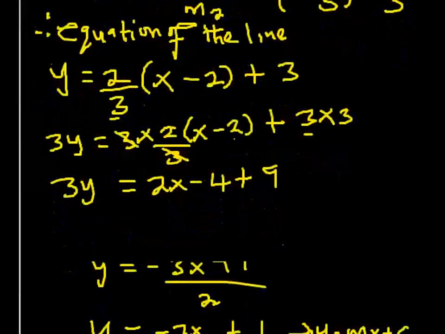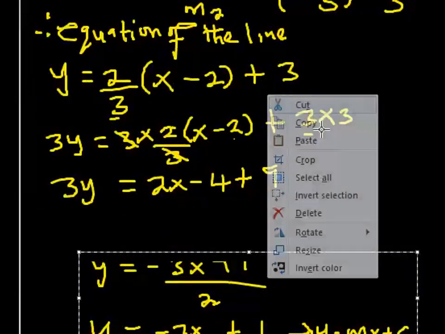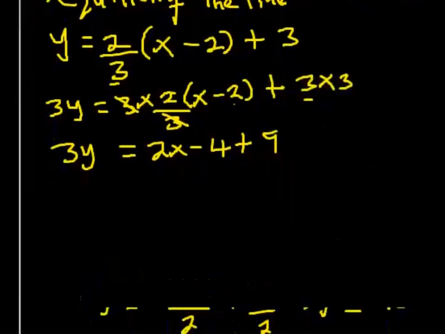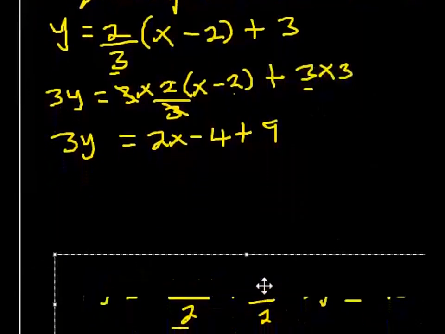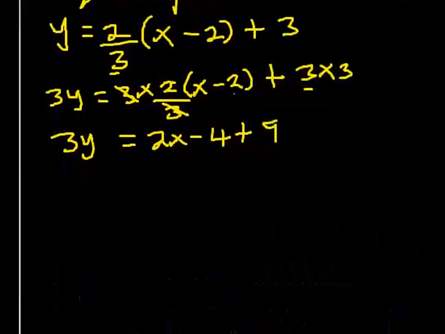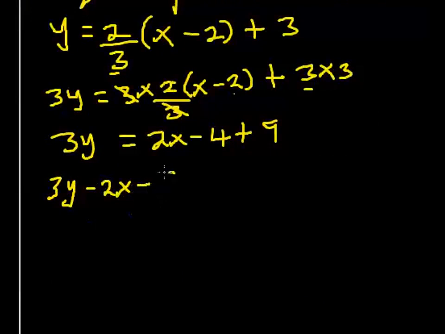So minus 4 plus 9 should give me plus 5. So this is 3y. I can move everything to this side now: minus 2x, and this plus 5 goes over as minus 5, equal to 0. So this is the equation.